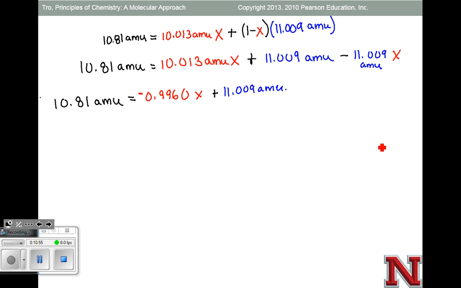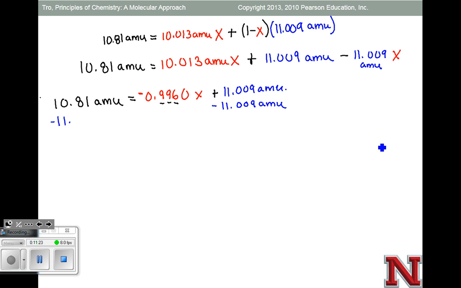So when I did my multiplication, I have 5 significant figures, but now I am adding and subtracting, so that means I should have 3 decimal places. So I'm keeping that 0 for now, but I should only have 3 decimal places, so I just had it underlined. So I'm going to subtract my 11.009 from both sides.